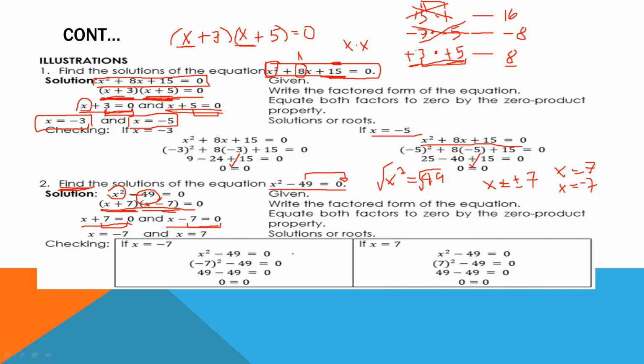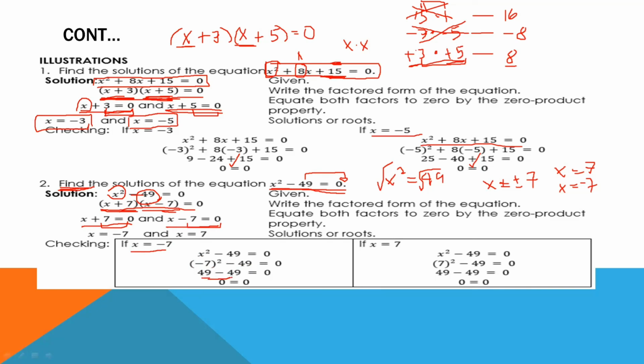So how are we going to check this? So we will use the substitution method. So let's substitute x is equal to negative 7. So yung original equation natin is x squared minus 49 is equal to 0. So therefore, negative 7 squared minus 49 is equal to 0. So negative 7 squared is equal to 49.